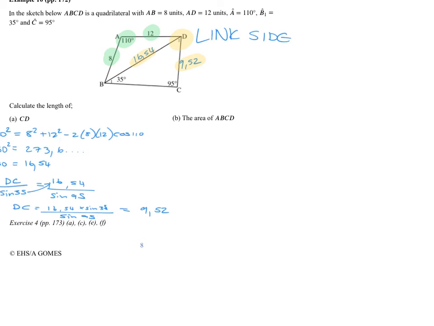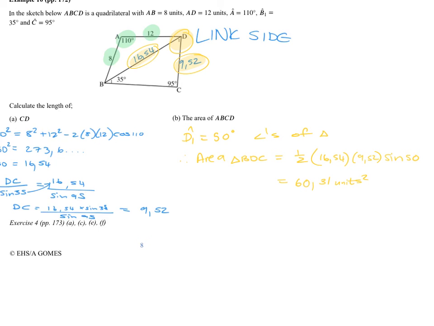But as we discussed, we can work it out using angles of a triangle. All right, and then once we've got D1 using angles of a triangle, we can work it out to be 50 degrees, and then we can use side, included angle, side, and then we have half of our two sides times sine of the included angle. All right, and that gets us to 60,31 square units.